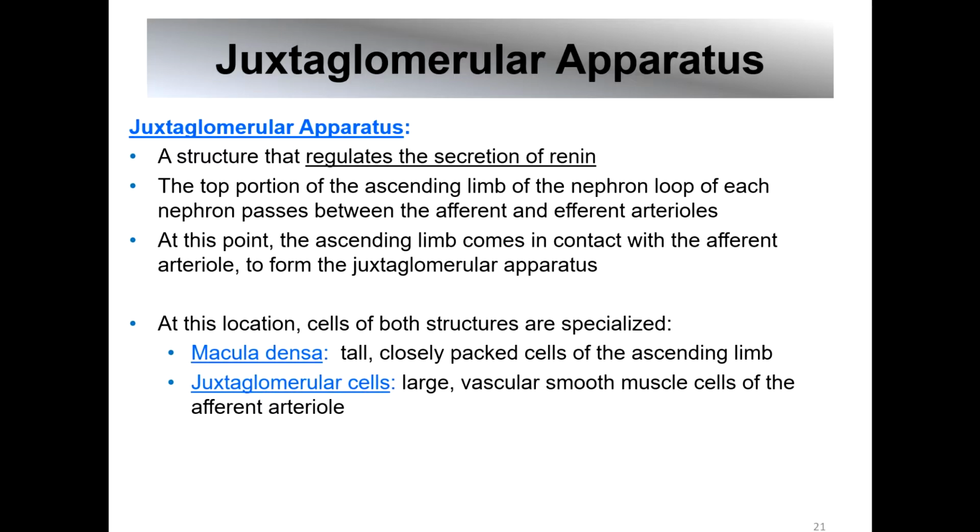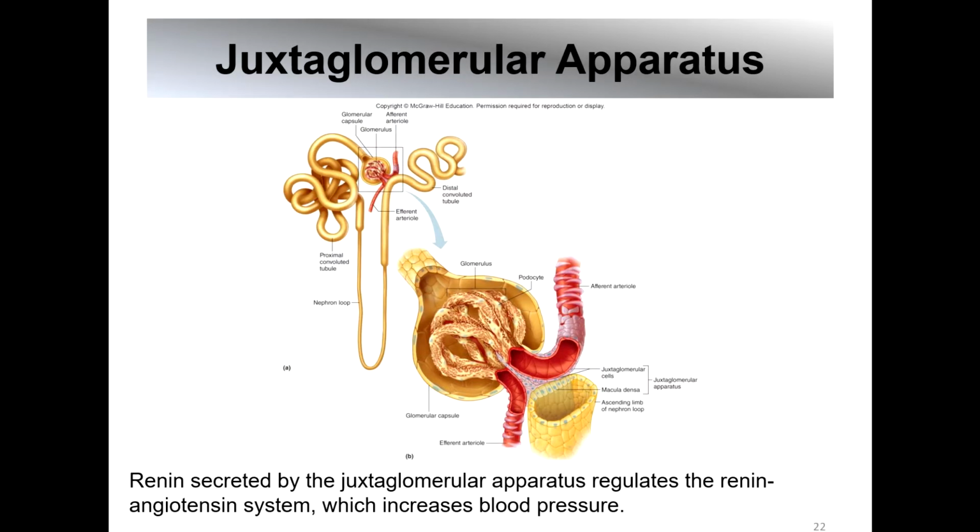And then you have juxtaglomerular cells nearby, which are large, vascular, smooth muscle cells found in the afferent arteriole. Here you can see those juxtaglomerular cells between the afferent and the efferent arteriole, also between those arterioles and the ascending limb of the loop of Henle. The macula densa is right up against the juxtaglomerular cells. That's the dense spot. We've got these tall cells right here.